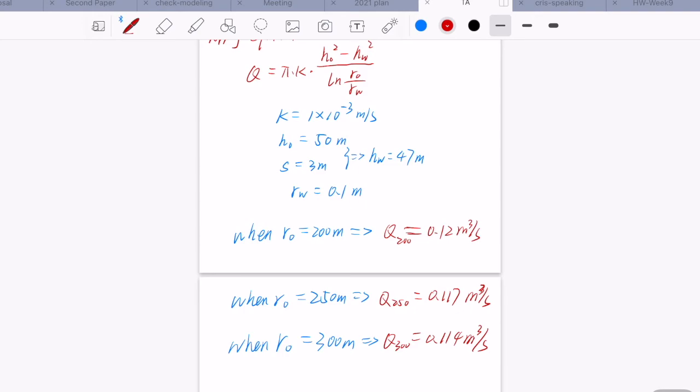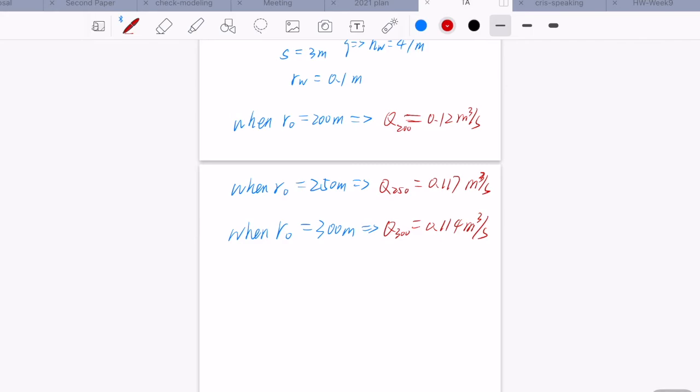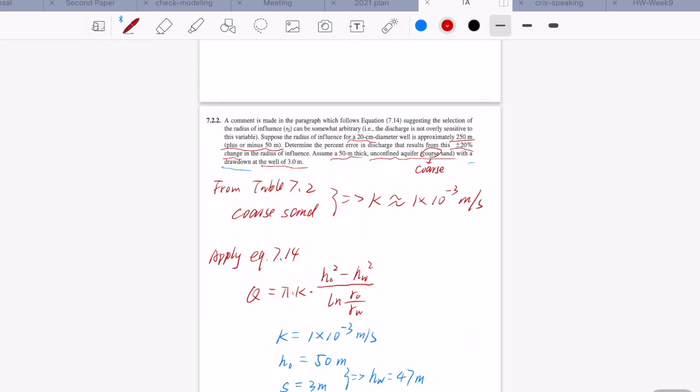And now we need to determine the percent error.